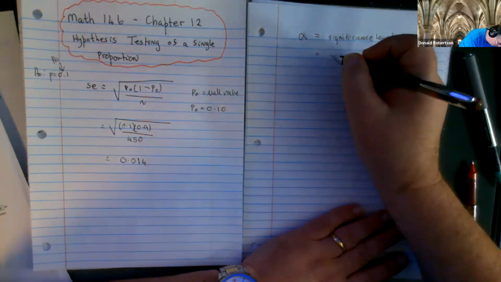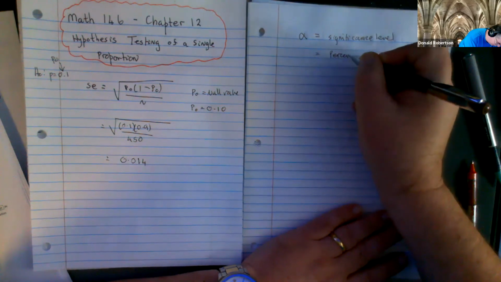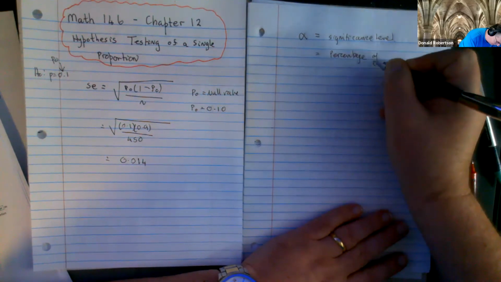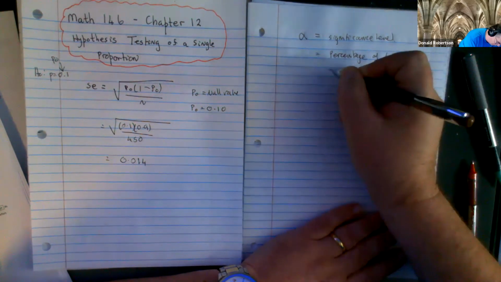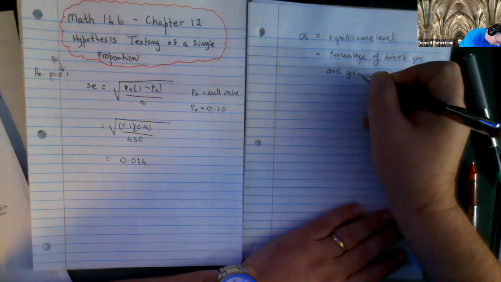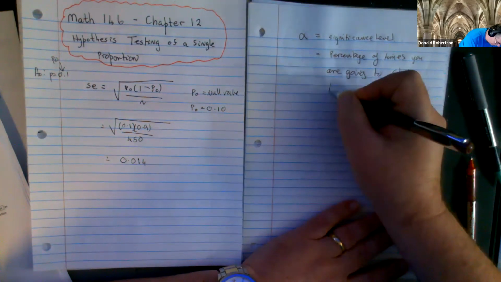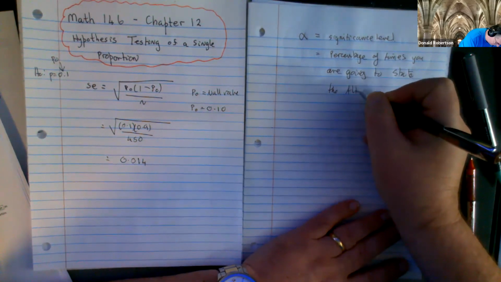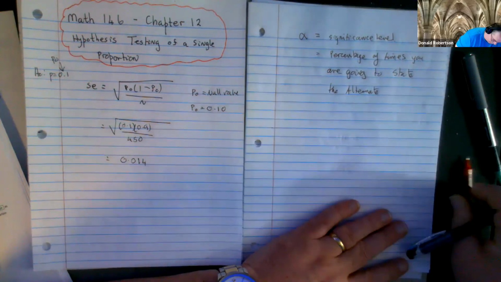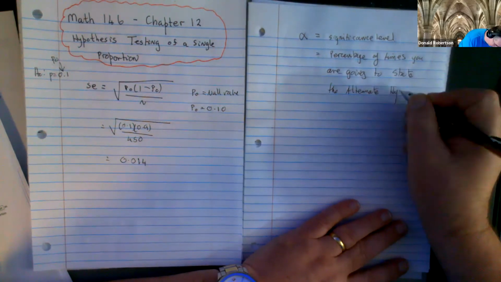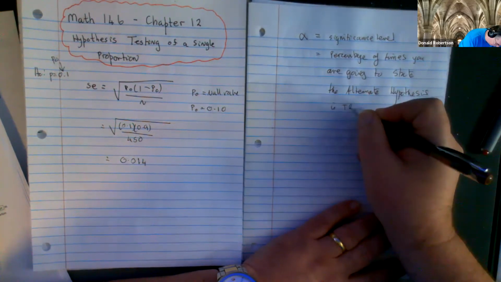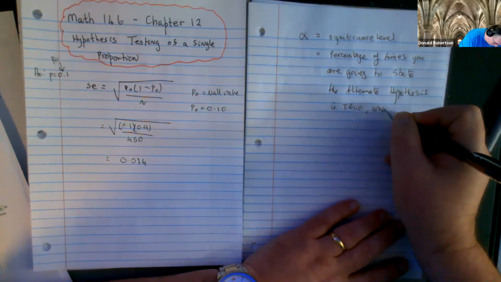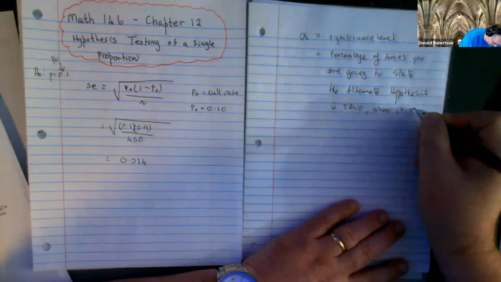It's essentially the percentage of times you are going to state the alternate hypothesis is true when it isn't.